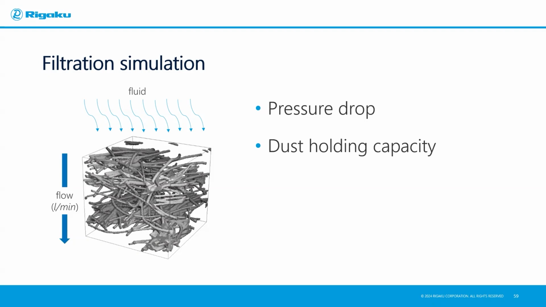So you get a measure of the total capacity of the filter, and that's correlated to the total volume of trapped particles. So you can directly calculate that from the simulations. And thirdly, you get a measure of the filter efficiency, which reflects how well that filter traps those particles of different sizes. So the efficiency is by particle size and overall.